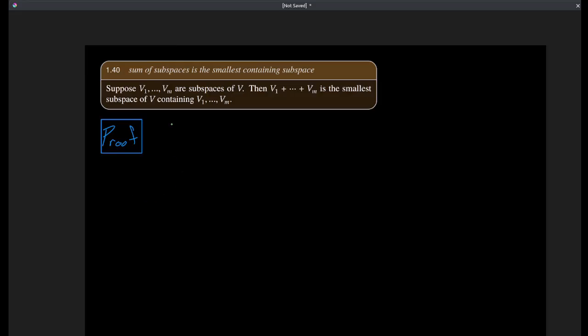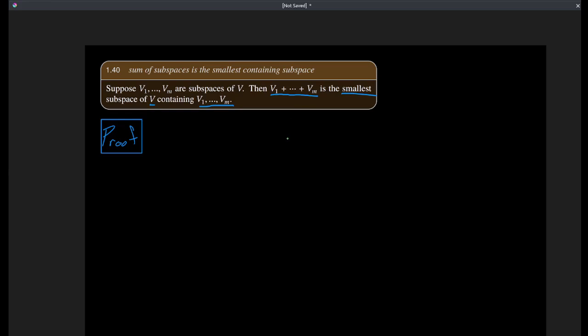So here's the statement of the theorem. Let's suppose that V1 through Vm are subspaces of V. Then what we want to claim is that the sum of V1 through Vm is the smallest subspace of V containing V1, V2, all the way up through Vm. That is, the sum of subspaces is the smallest subspace that contains all of the summands.